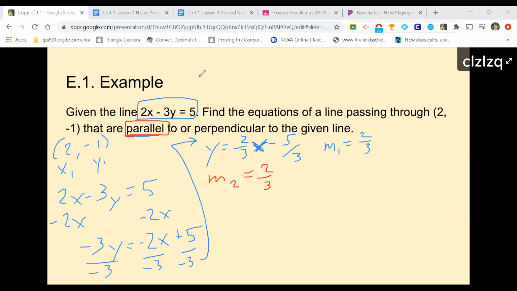So then I use my point-slope form. I now have a slope. I now have a point. I can write my equation in point-slope form. So my equation would be y minus -1.